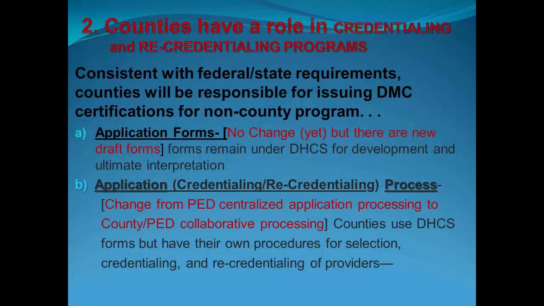DHCS doesn't seem to be interested right now at this point in micromanaging the process and whether you do it through an RFP. So that would seem to be fine. Open panels, but whatever process works best and at least meets that requirement for not being discriminatory. So if somehow the process made it difficult for someone to come in and get on a panel, that might be looked at as discriminatory.